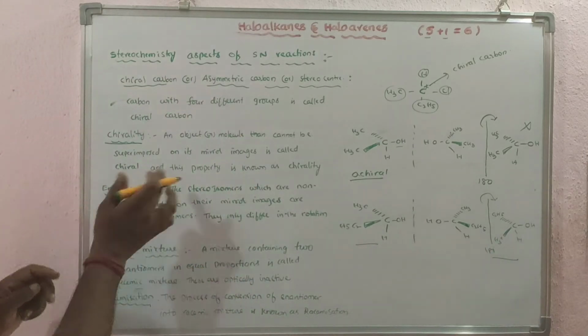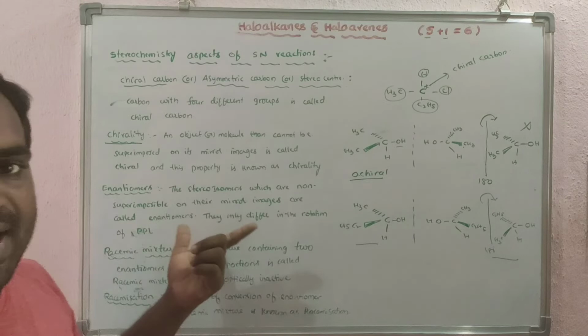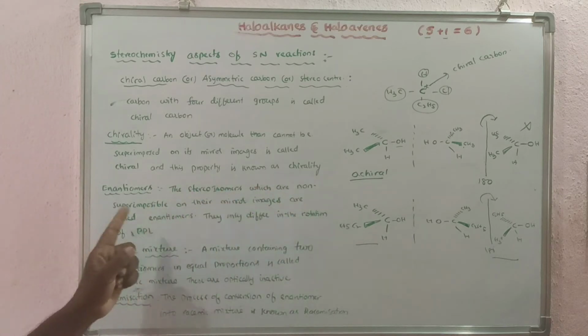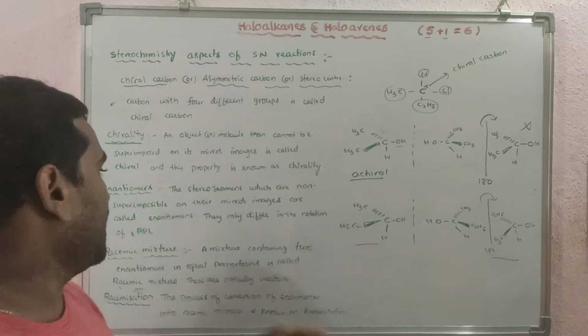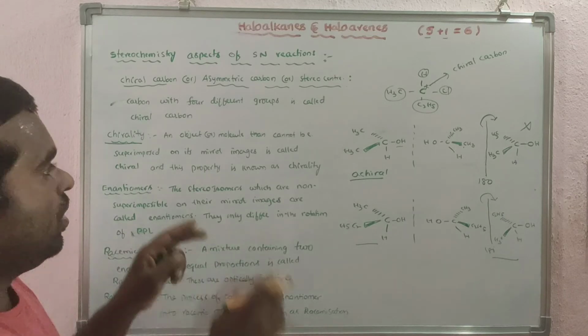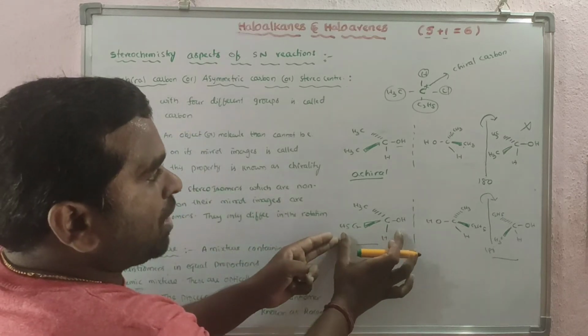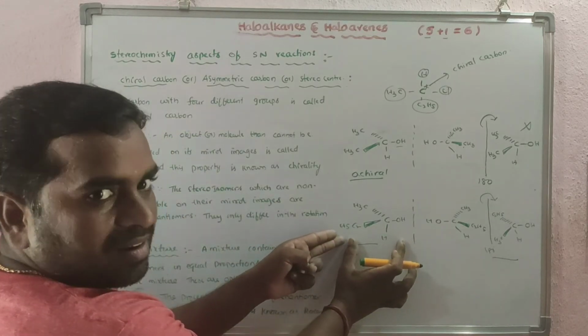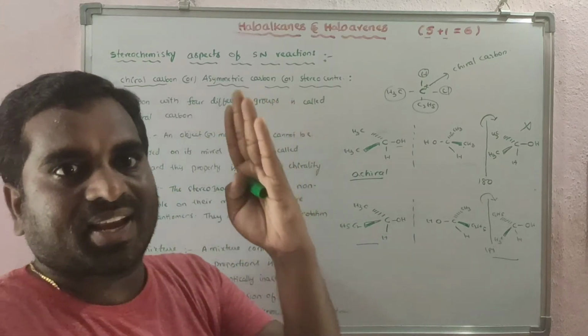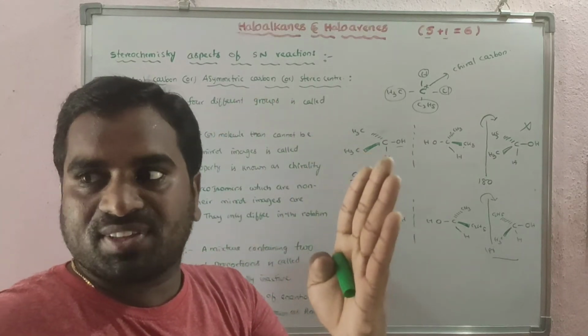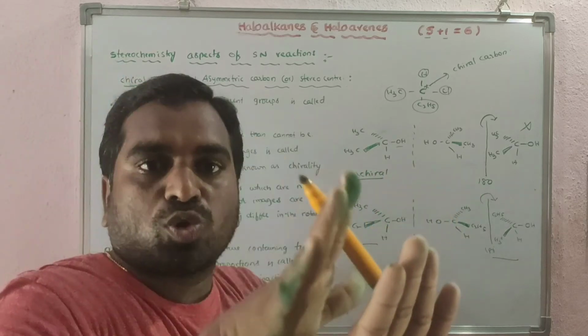Clear? Now enantiomers are stereoisomers which are non-superimposable on their mirror images. Now chiral belongs to one molecule. This molecule is chiral, or one object is chiral, because it has a mirror image but is non-superimposable.